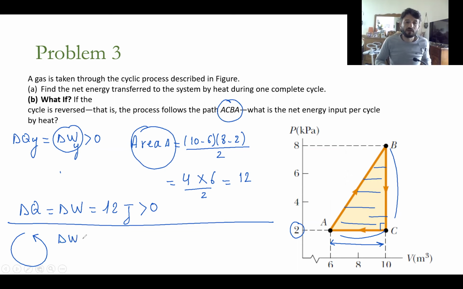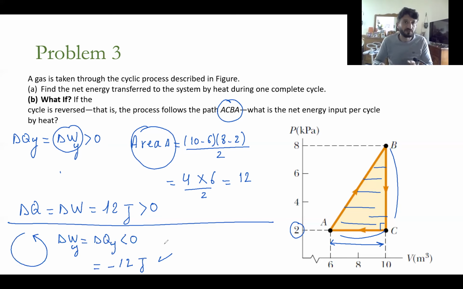Delta omega equals delta Q and must be negative. Anyway, the area will not change. We have the same area, but it must be minus 12 joule. The only change will be the sign of the energy, positive or negative.